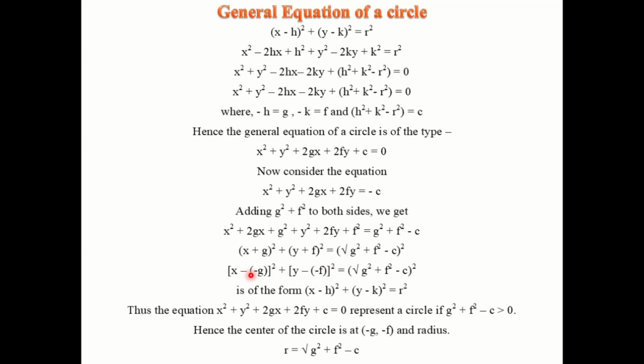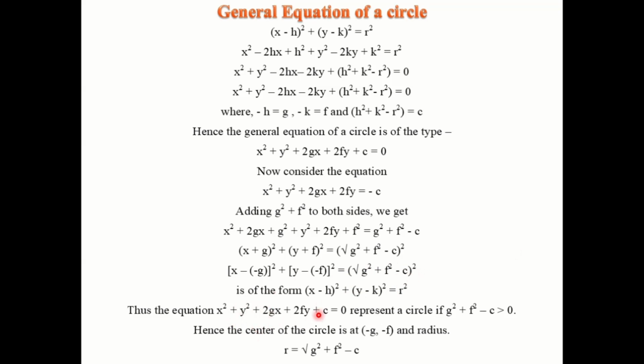Minus minus will be plus, so we are not changing the equation, only writing minus minus g in place of plus g. We write this because previously we wrote minus h equal to g and minus k equal to f. That's why here we write (x minus minus g) bracket square plus (y minus minus f) bracket square is equal to (square root of g square plus f square minus c) bracket square.